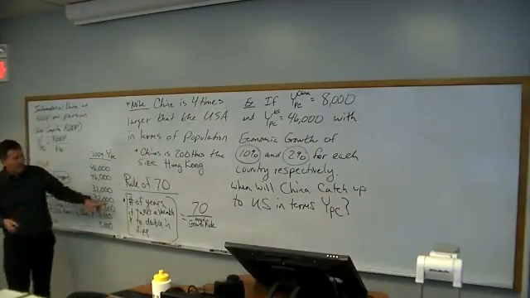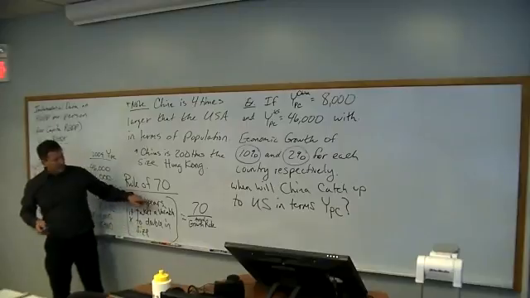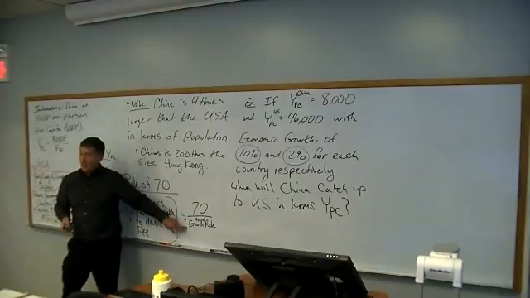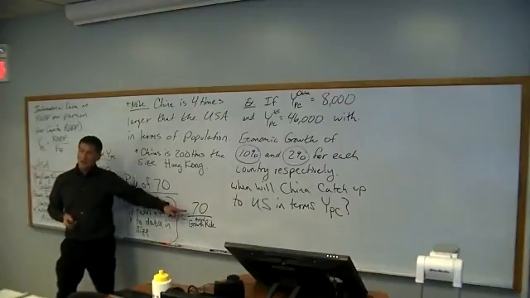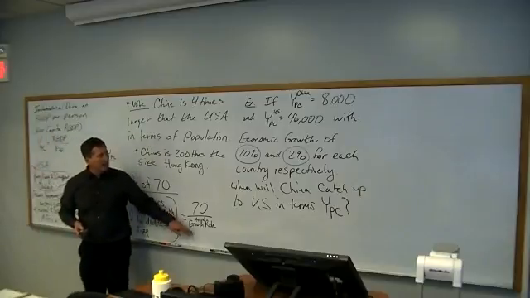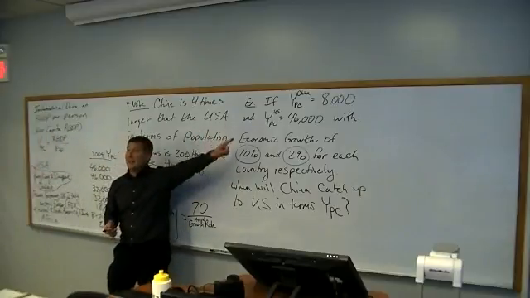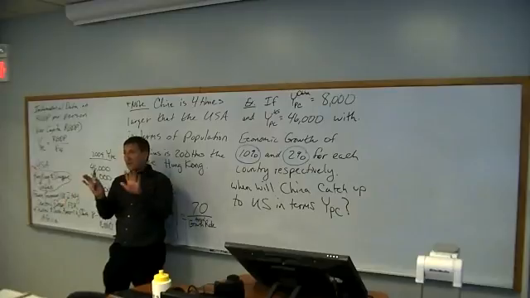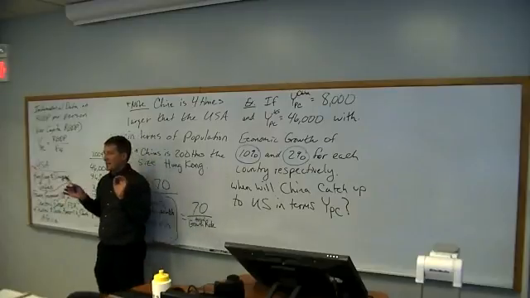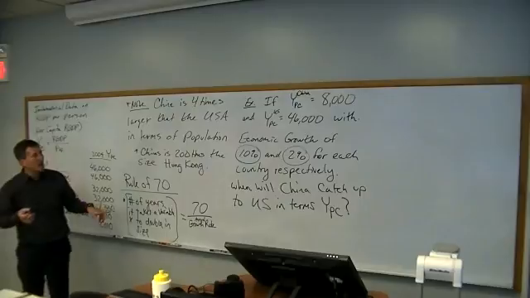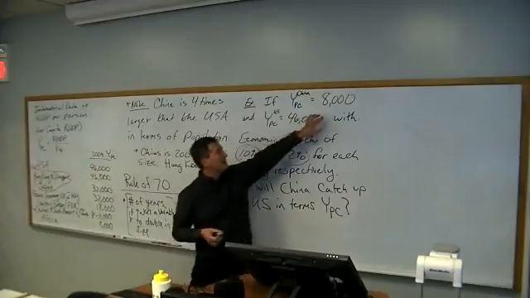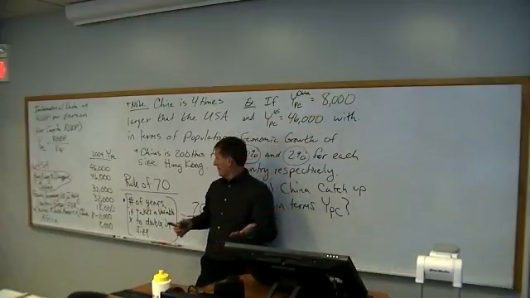I'll walk around the room. You've got the 70, you've got the growth rate. So you can start to think of, well, when is China going to double from 8,000 to 16,000? Kind of your first step in this process is to think, how long is it going to take China to go from 8,000 to 16,000?